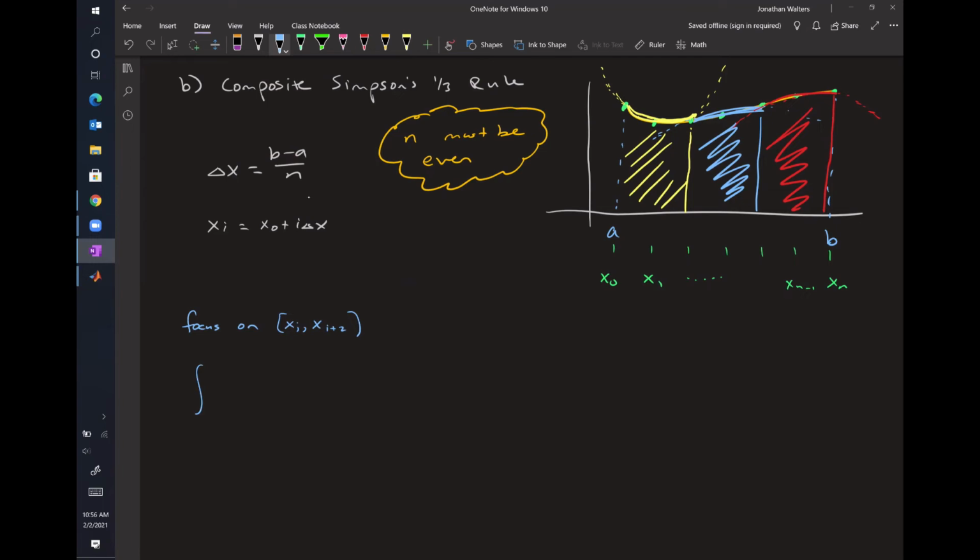The integral from xi to xi plus 2 of f of x dx is going to be approximately delta x over 3 times f of xi plus 4 times f of xi plus 1, plus f of xi plus 2.